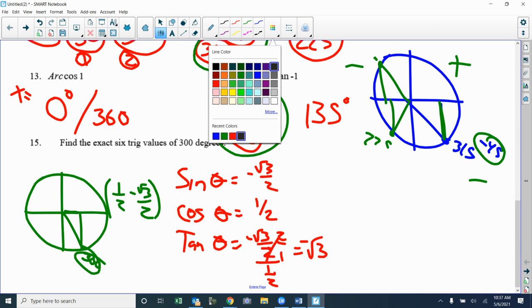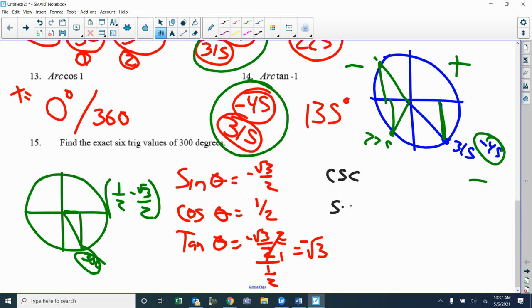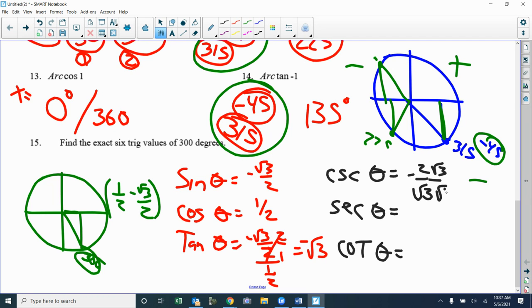Sine, cosine, tangent, cosecant, secant, and cotangent of that same angle. Invert this to be negative 2 over the square root of 3. You'll need to rationalize, get negative 2 square roots of 3 over 3.